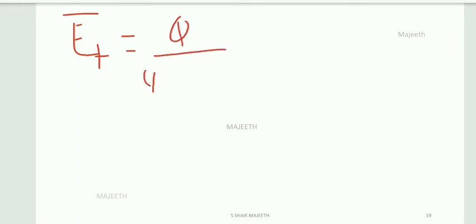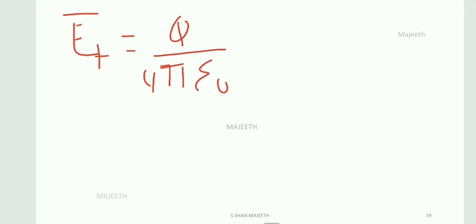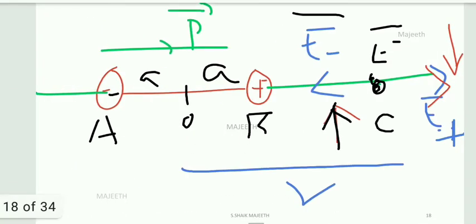What is R? R is the distance between the source and the field point. Here the field point is C and the center is O. So from center to C is R, clear?